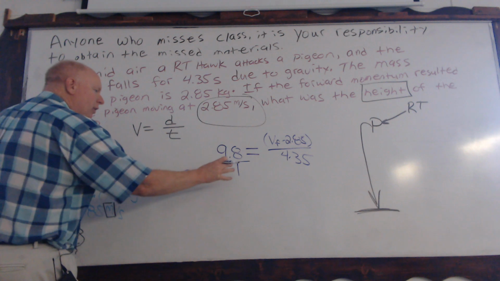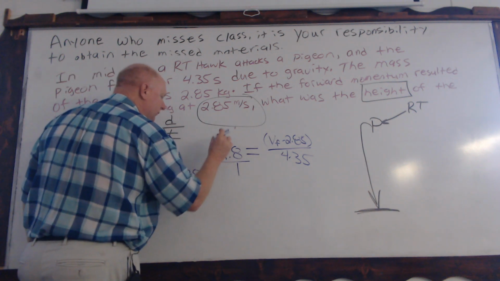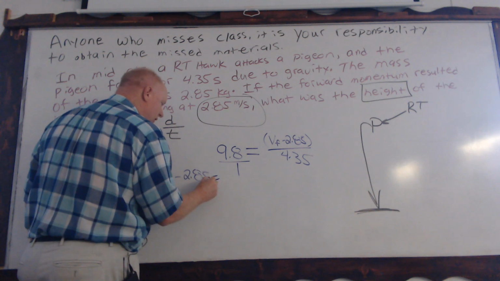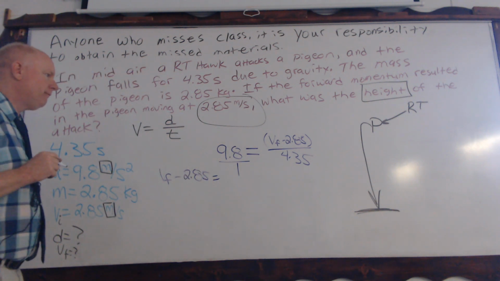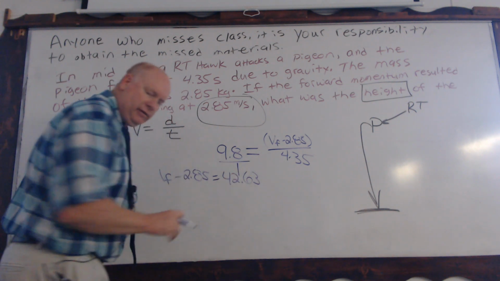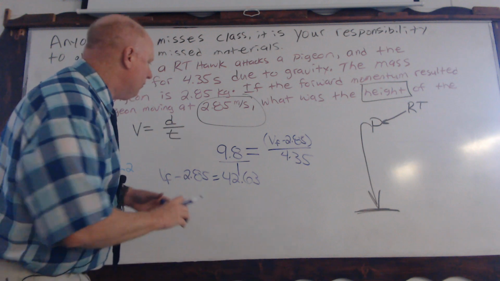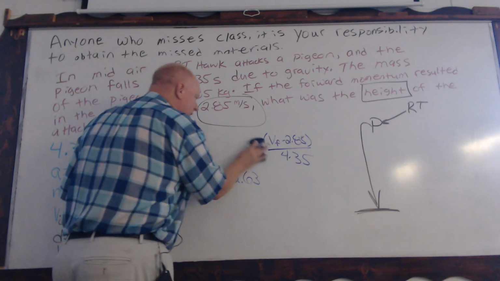Okay, so we cross multiplied here. What do we do with these two numbers? Once you cross multiply, what do we get with that? 42.63. We can get rid of this because we don't need that anymore.